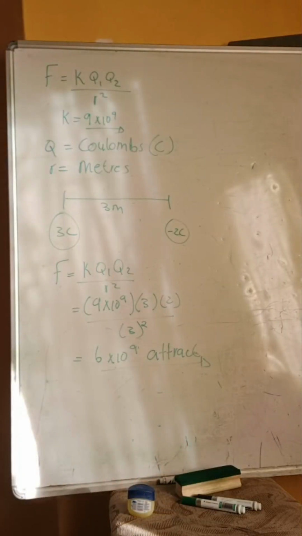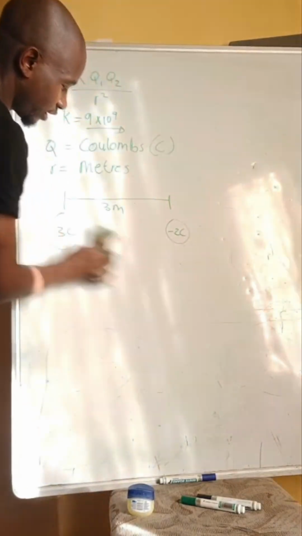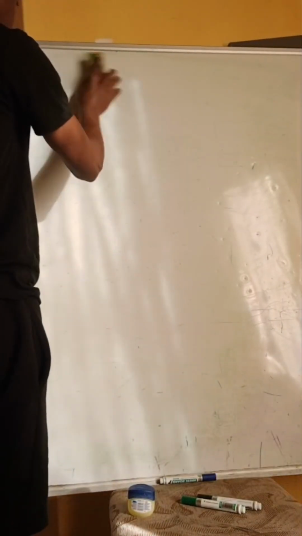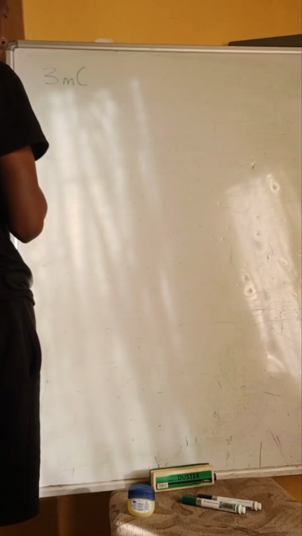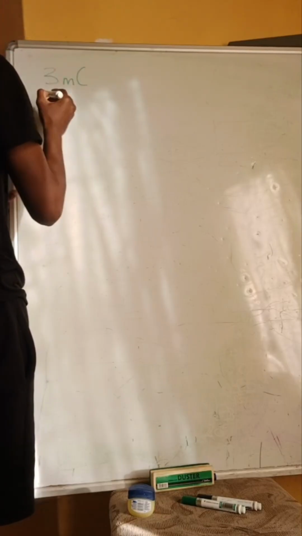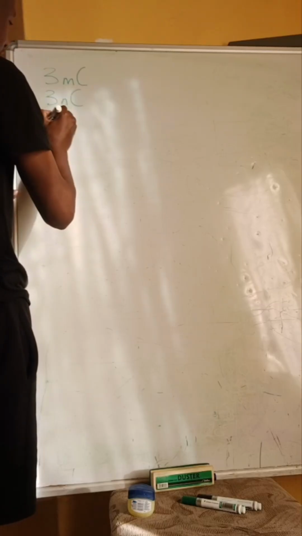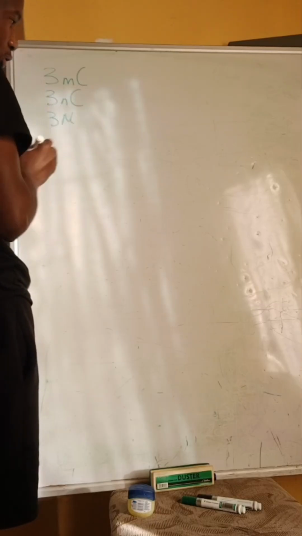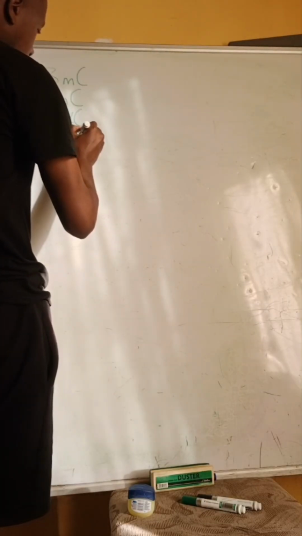So now this is how you do the calculations. So now one might ask, how do we convert if we are not given the charge in coulombs? It's easy. They will give you either 3 with a small letter m and C, which is the microcoulomb, or 3 with a small letter n and C, the nanocoulomb, or 3 with the picocoulomb.